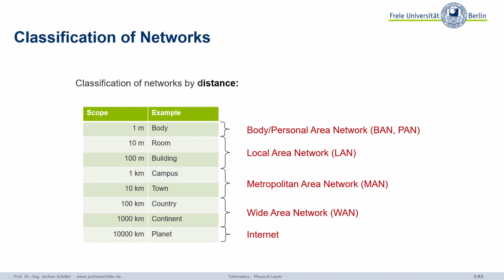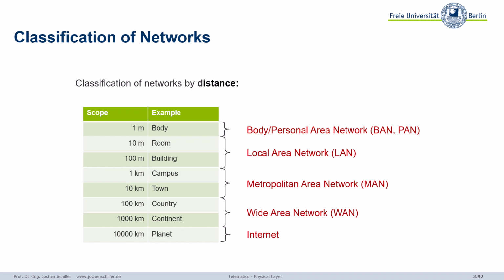But what's quite obvious, with the distance, we have an increasing number of users and traffic patterns, and single solutions for one size, one dimension, do not necessarily scale to others. So we need different technologies when it comes to the medium, but also later for medium access, congestion control, etc., for the different scales.